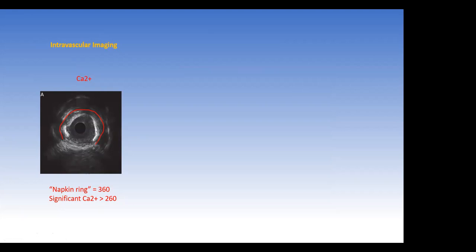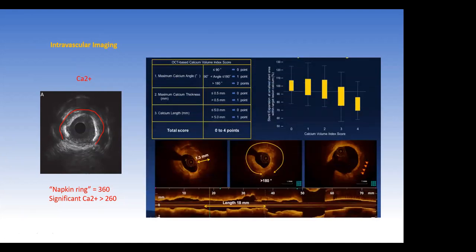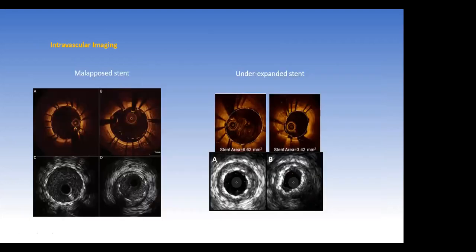Therefore, we don't see much beyond the calcified segment, so we can't assess its thickness. Furthermore, there's a pullback on the vessel, which gives us a better view in OCT, where you can identify thickness of the calcium, circumference, and the length, and help you to differentiate which vessel will be more likely amenable to the angioplasty.